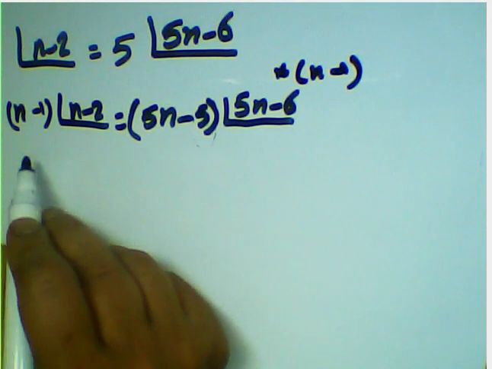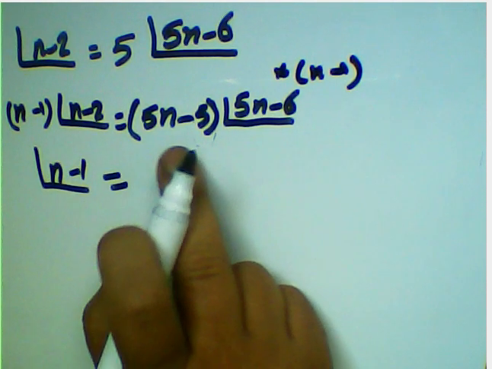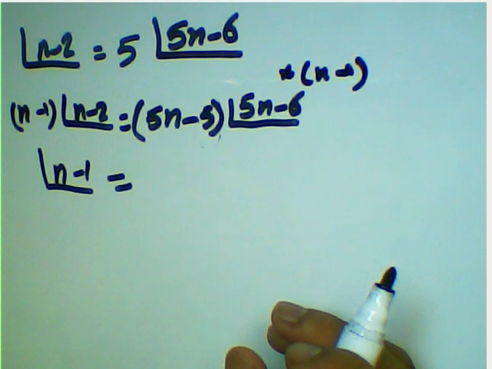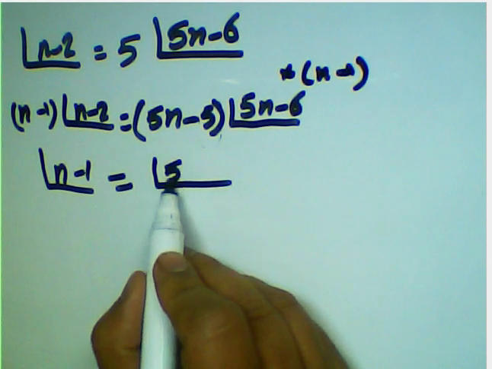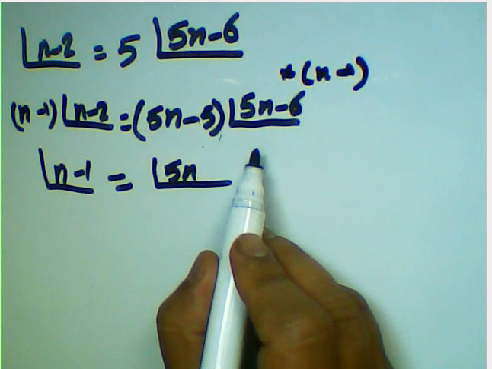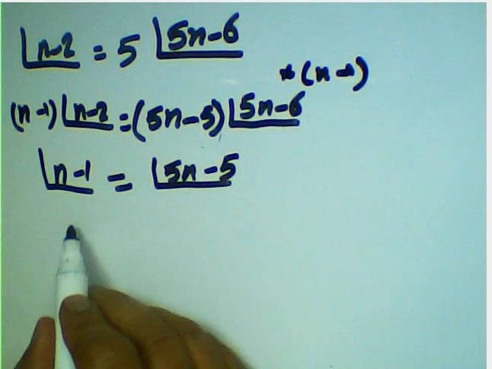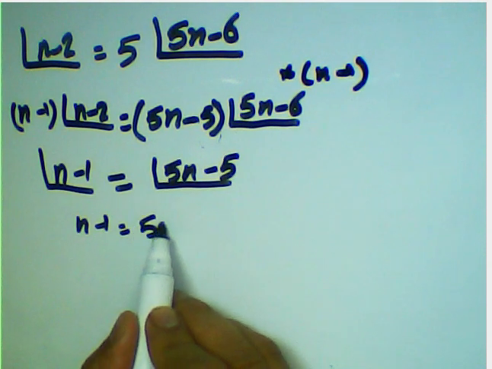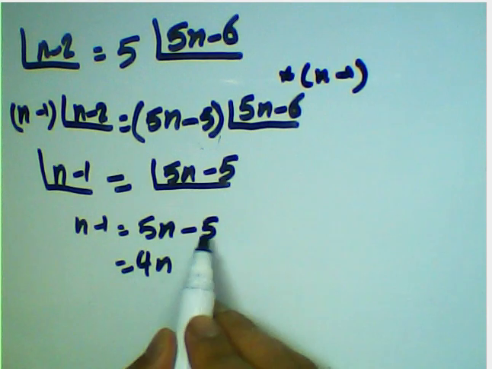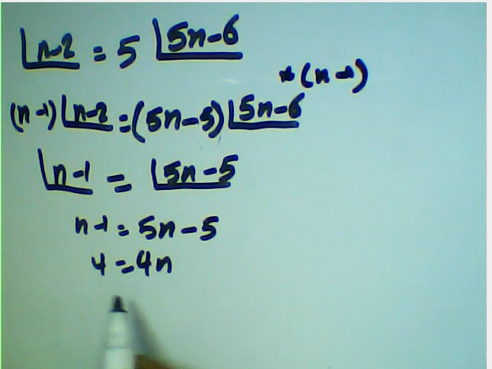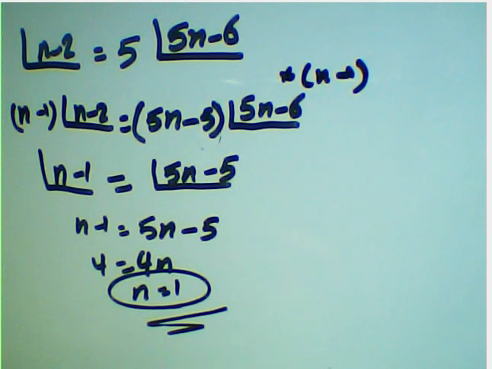Inside here it will be n minus 1. And 5n minus 5, right inside here, it will be factorial 5n minus 5. We get here factorial equal factorial, then n minus 1 will be equal 5n minus 5. Move here, it will be 4n, and it move here, 5 minus 1 equal 4, then n will be equal 1. Solution set will be 1, n equal 1.